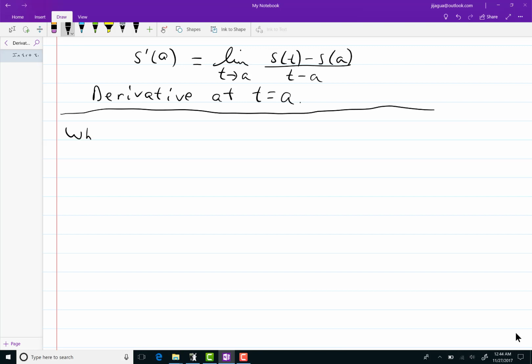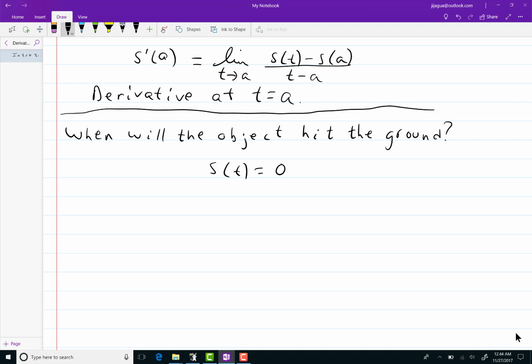When will the object hit the ground? Well, its height would have to be 0 then. So s of t, the height of the object, would be 0.